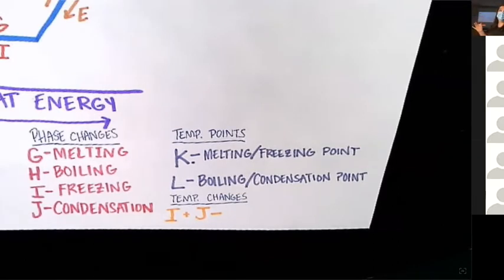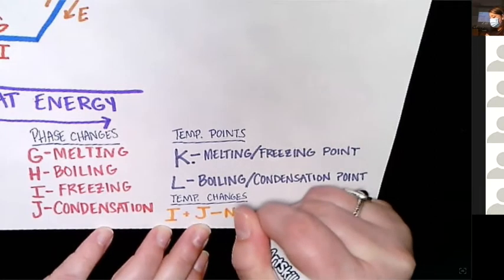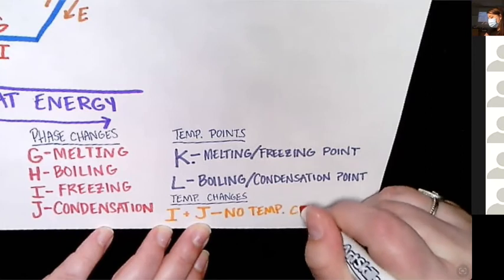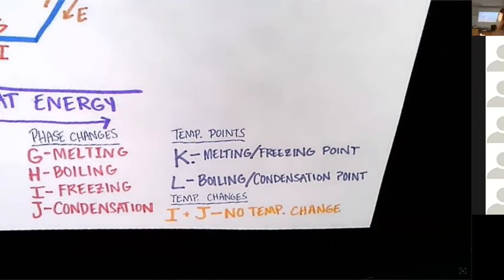Anything having to do with heating curves, you can expect this question. What they love to say is, during a phase change, is the temperature changing? So here's what we're going to put. I and J: no temperature change. That's it. No temperature change.